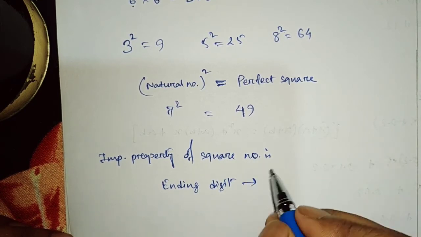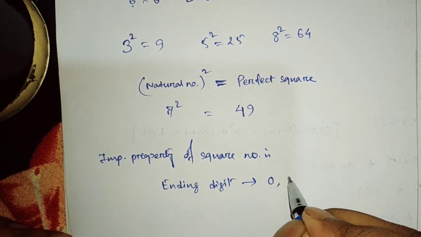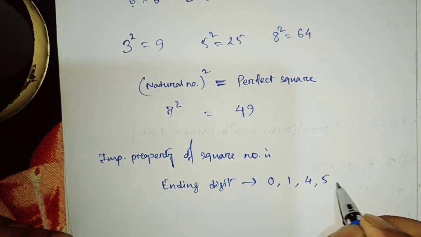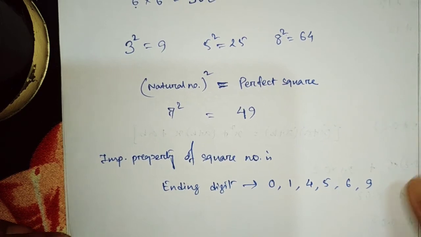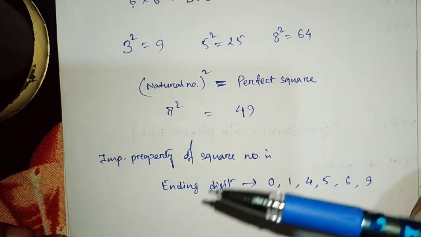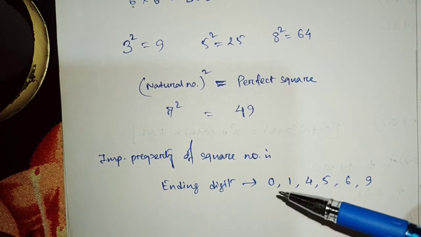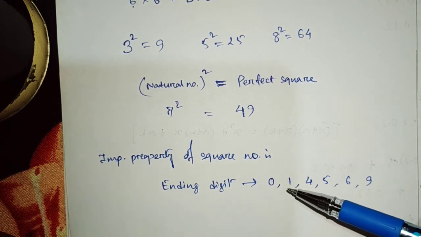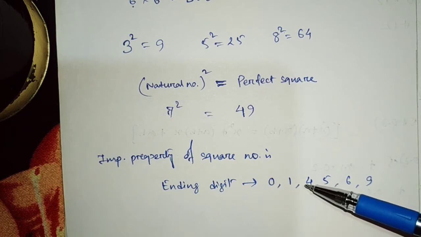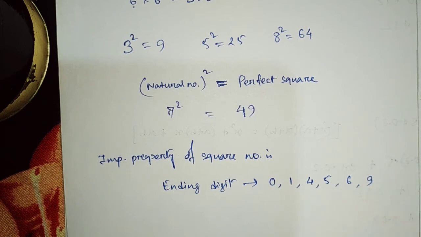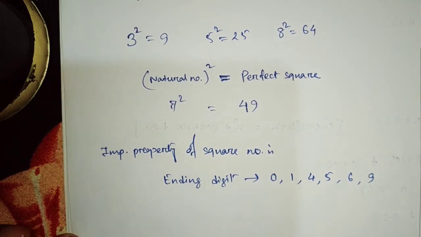The ending digit is always 0, 1, 4, 5, 6 or 9. You take the square of any number, the last digit will always be one of these.